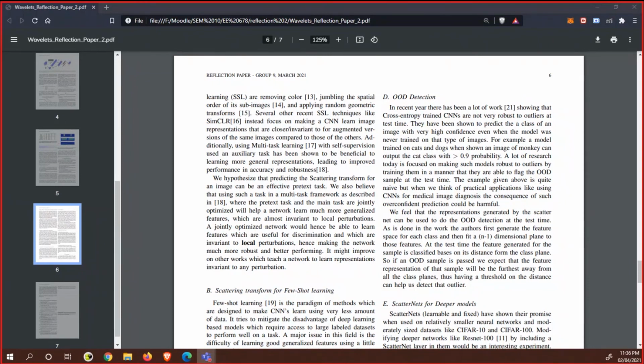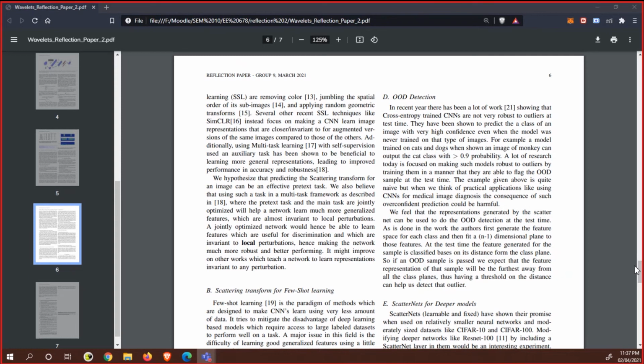So as I was saying, we can have a network jointly optimize a self-supervised task, which is predicting the scattering transform, and its usual supervised task, for example, classification, in a multitask framework. That joint optimization will help the network learn good discriminative features in addition to invariant features, which we hope will be much more robust to perturbations and much more general.